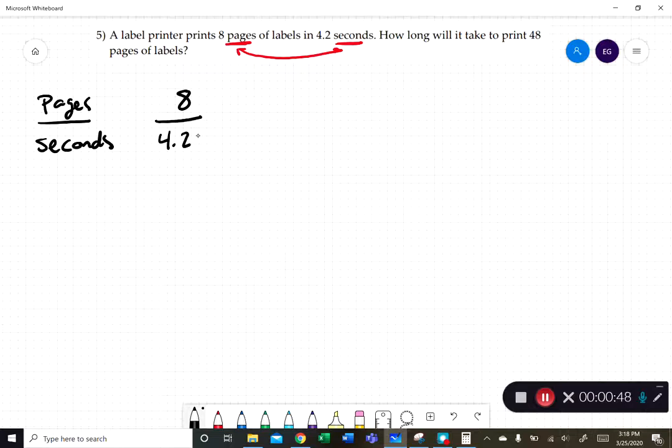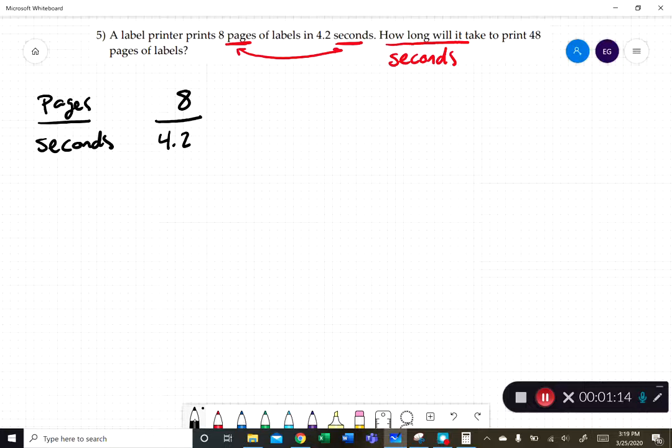Now, the question is asking, how long will it take to print 48 pages of labels? So how long? So seconds is the unknown here. And we know 48 pages is the numerator and number of seconds is the denominator. So we could set up a proportion.